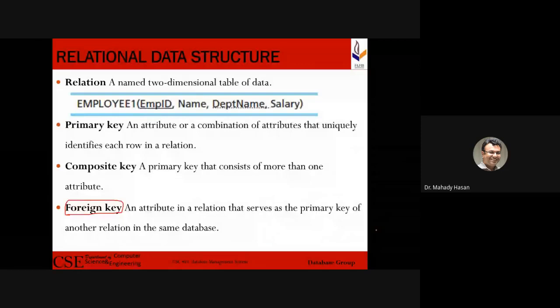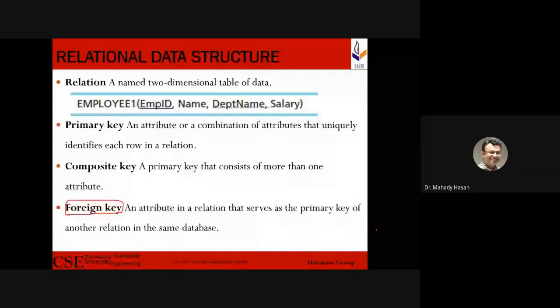Now the question here. Let's say we have 10 departments. I'm running a company. We are having 10 departments. But due to Corona crisis, I have to shut down some of my departments. So I left out with only 3 departments.